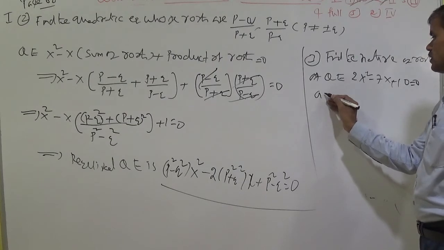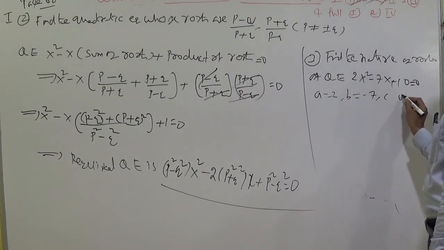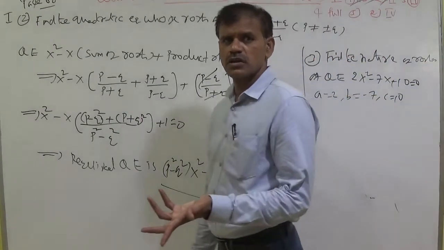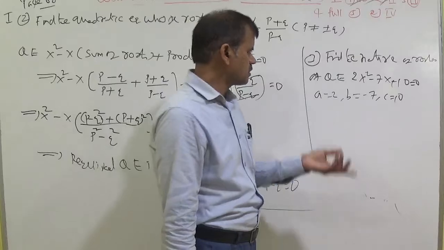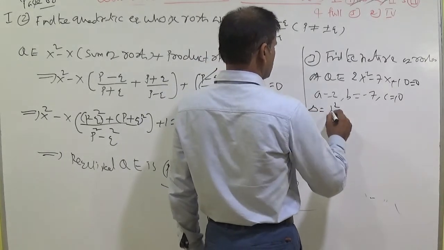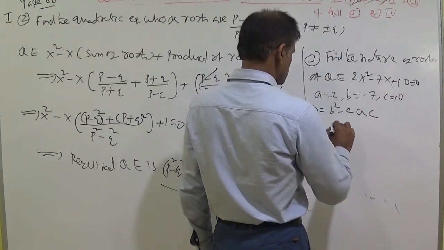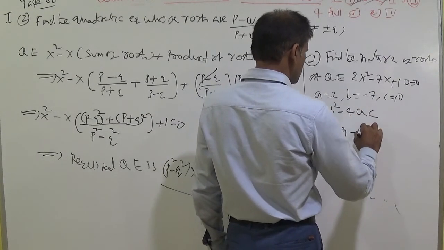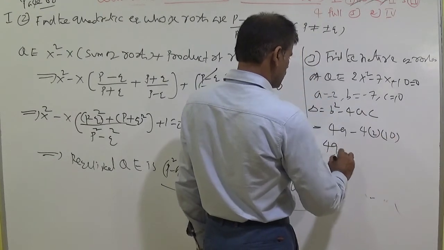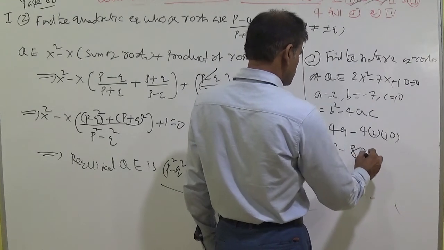Now you can write a is equal to 2, b is equal to minus 7, c is equal to 10. Let us calculate the formula of delta. The delta is b square minus 4ac. So b square means 49 minus 4 into 2 into 10: 4 2s are 8, 10s are 80.